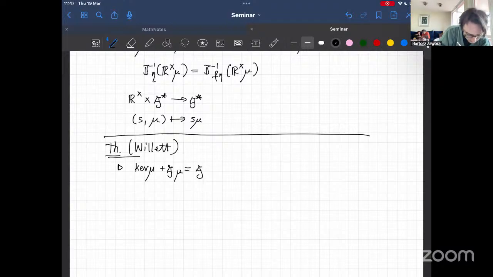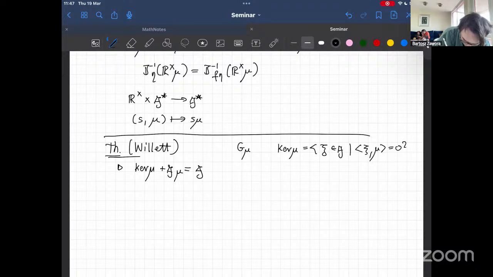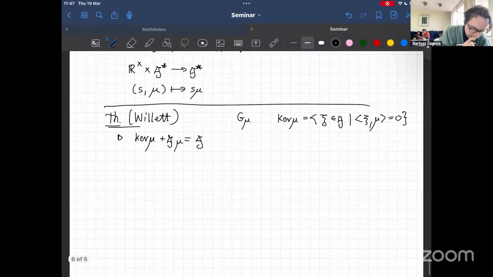Where g mu is the algebra of the isotropy group of mu, and the kernel of mu is, since we have the natural pairing, the set of psi in g such that psi mu equals 0. So first of all, this satisfies all the technical conditions, that the pre-image of this R cross mu is a submanifold and so on and so forth. The quotient space is a manifold.